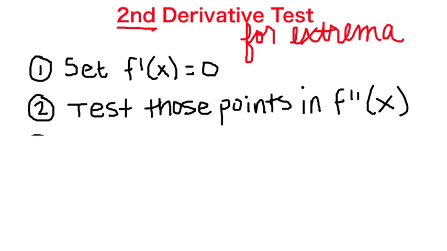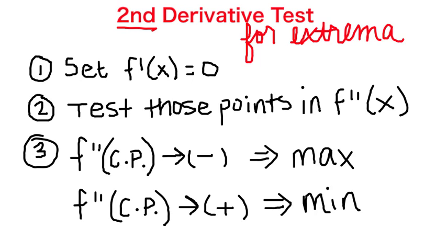Finally, here are the results of the second derivative test. If the second derivative is negative when you plug in the values of the critical points, then that means we have a max. Now this should make sense, because what you're really saying is that at that critical point, the second derivative is negative, which tells us that at that point, the function is concave down.